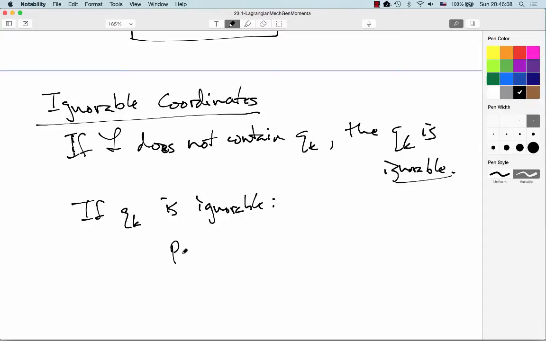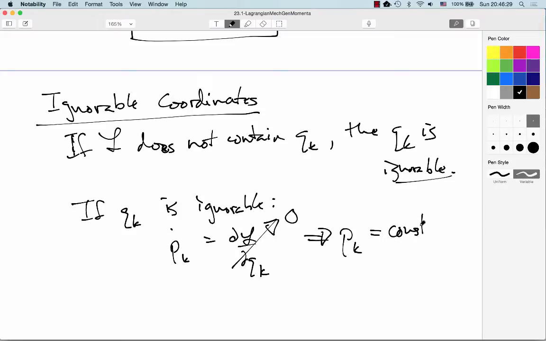We just worked out that p_k dot is equal to partial L partial q_k, but if q_k doesn't show up in the Lagrangian, then the partial derivative is 0, and then that implies that the conjugate generalized momentum is equal to a constant.